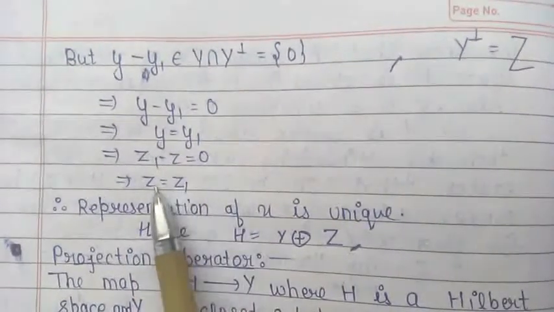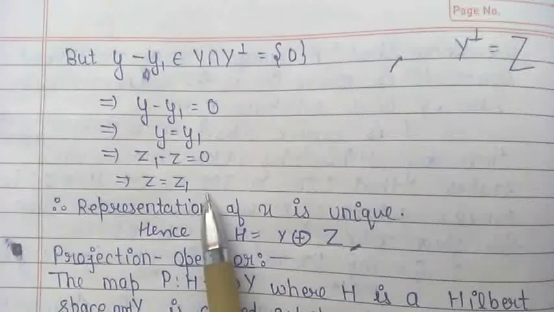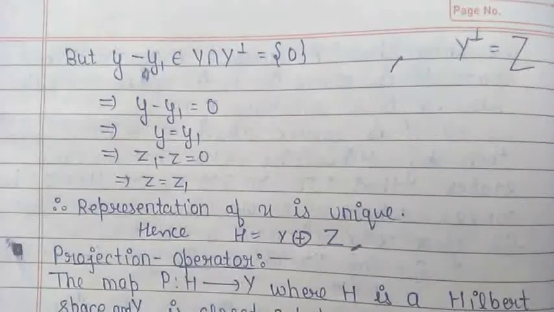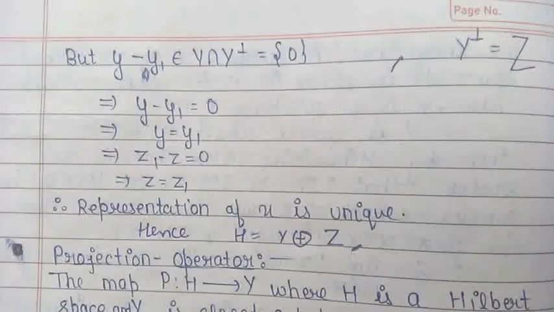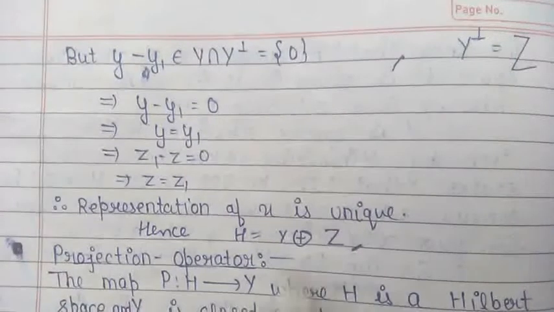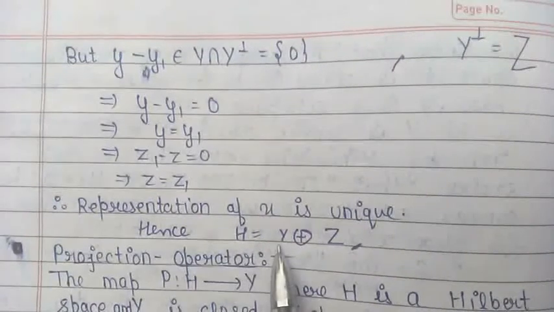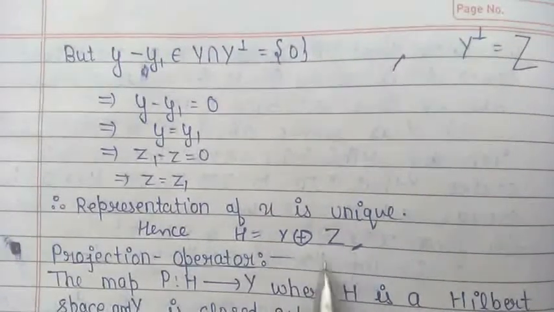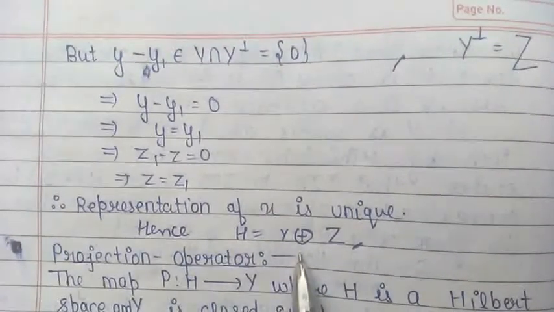So we get z = z1. Thus we have proved that the two representations of the element x are the same. It means the representation of every element of H is unique in the form of a sum of elements of Y and Y complement. So this proves that H = Y ⊕ Z. So we have proved the projection theorem.